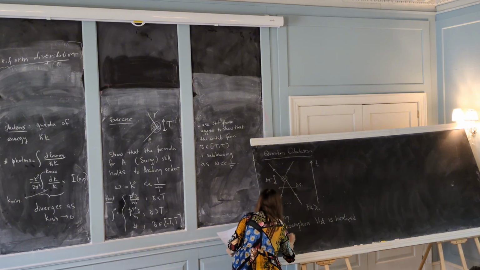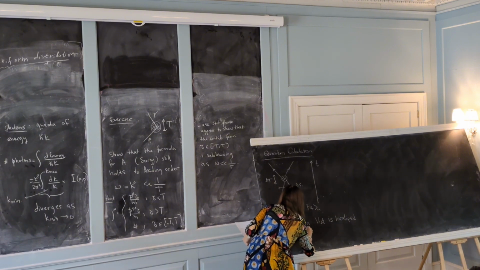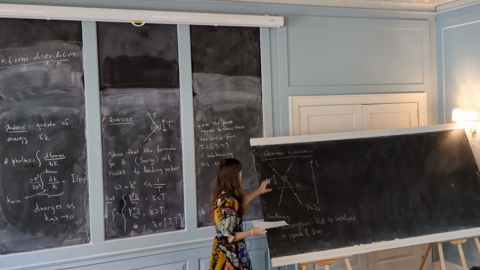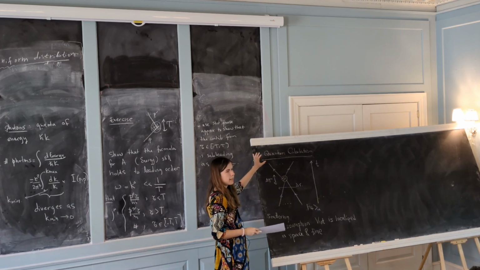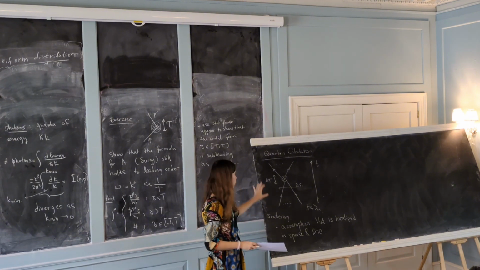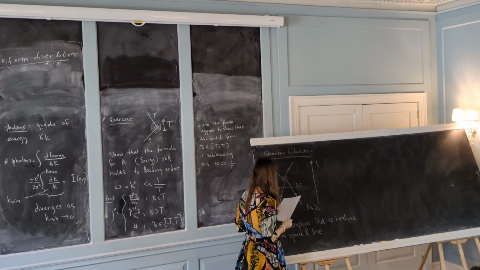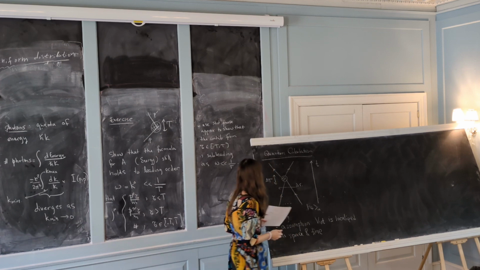So it's localized in space and time. And so at very early times and at very late times, particles are approximately freely moving. Now you can see, the analogy to what we discussed before starts to become hopefully clear.